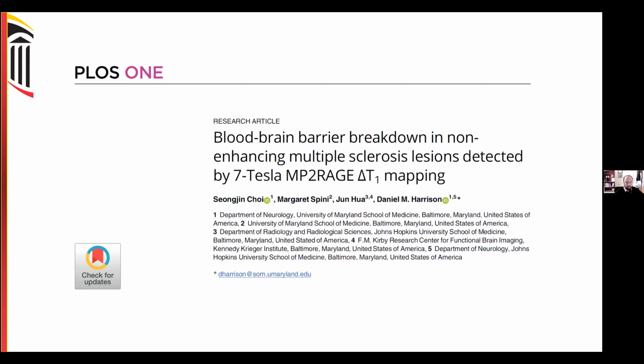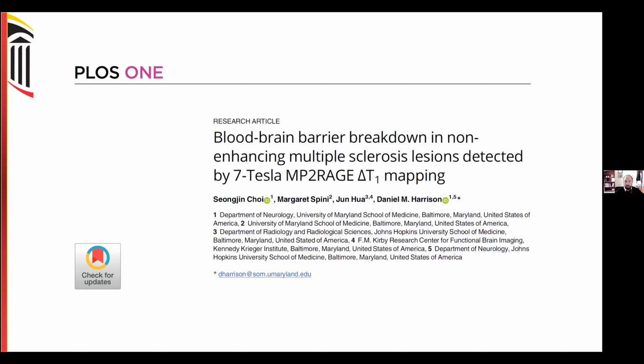For those of you who are not familiar with the MP2RAGE technique, this is a sequence with multiple inversion times that undergoes some post-processing and can give you both a T1 weighted image and a quantitative T1 map. It's very useful at ultra-high field, not only because it gives you those images, but there's some inherent inhomogeneity correction built into the processing, which is very helpful for ultra-high field.